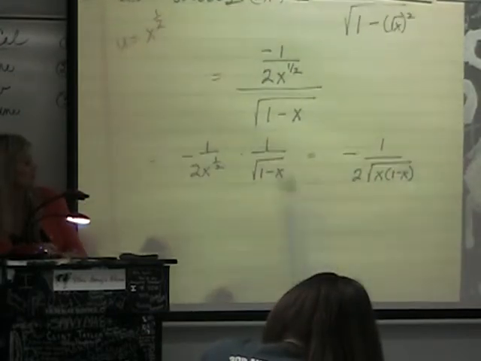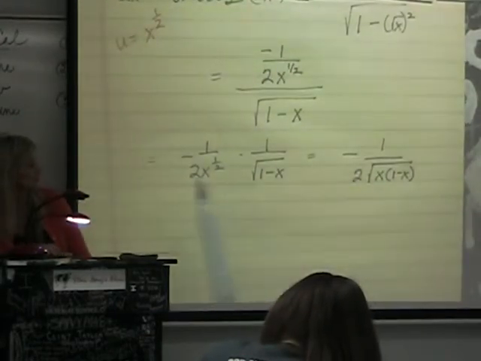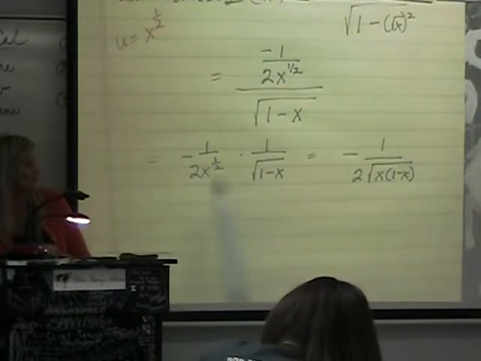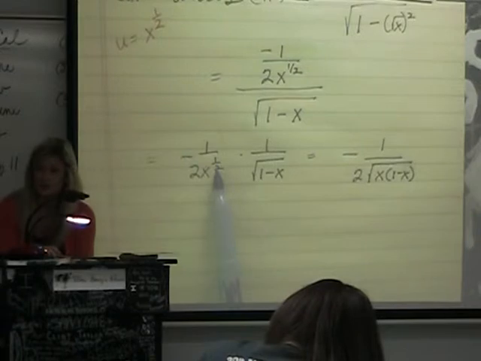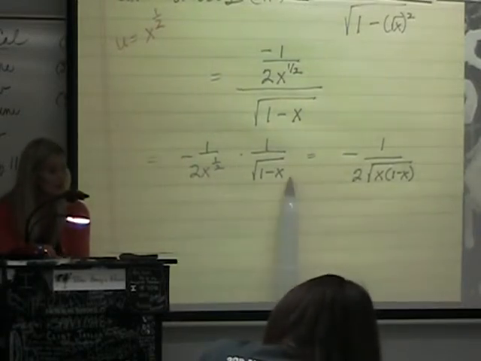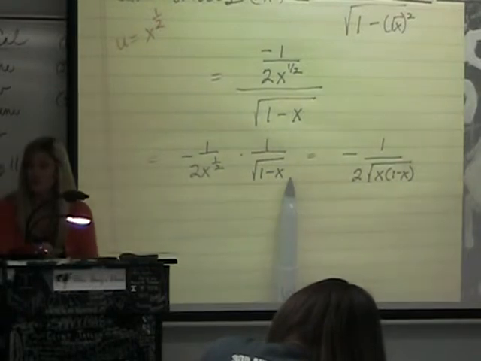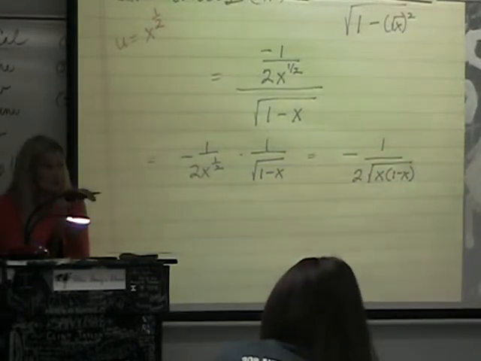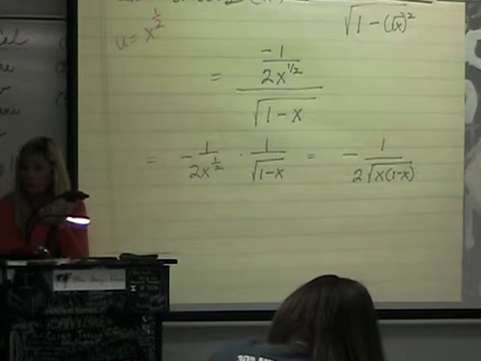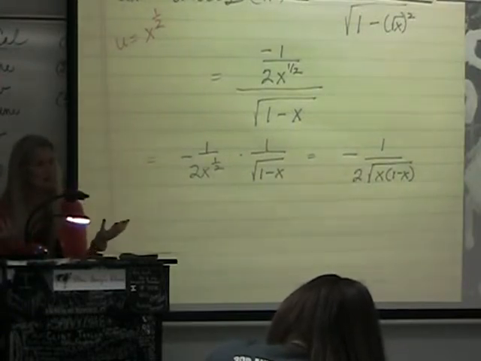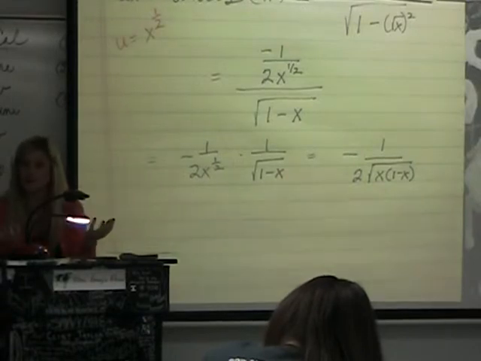Now, let me just talk about what I did here on the denominator. X to the 1/2, remember, is just the square root of x. And when you multiply a square root times a square root, you just take the radicand and put the square root over the product. So if I had like the square root of 2 times the square root of 3, that would give me the square root of 6.